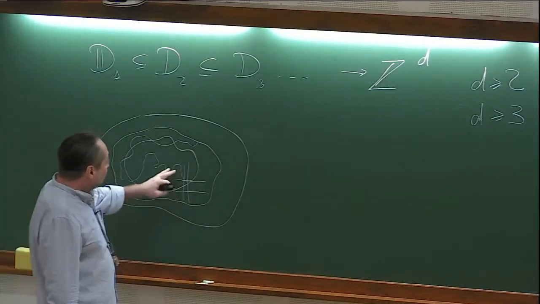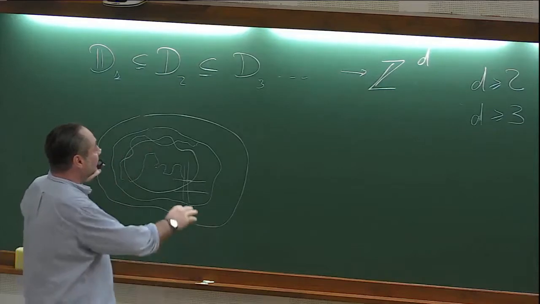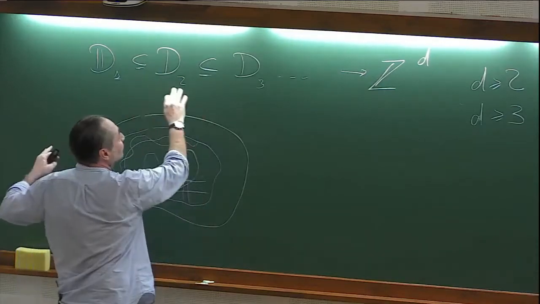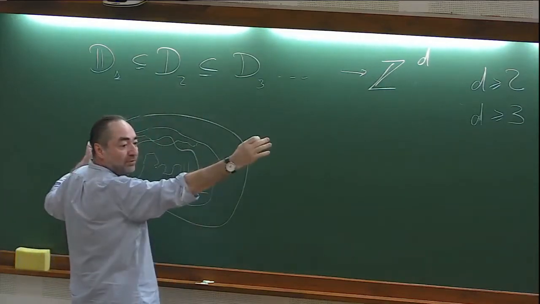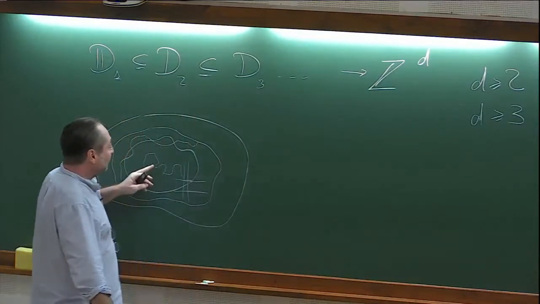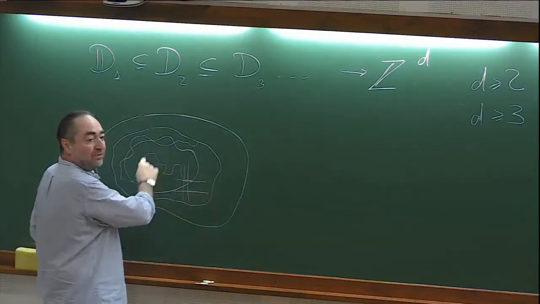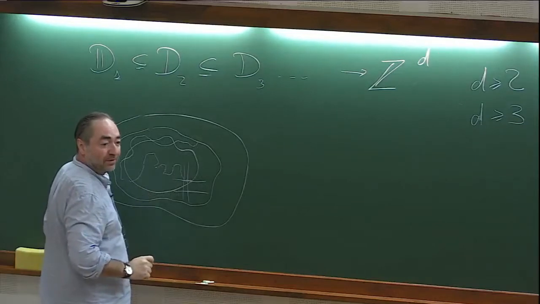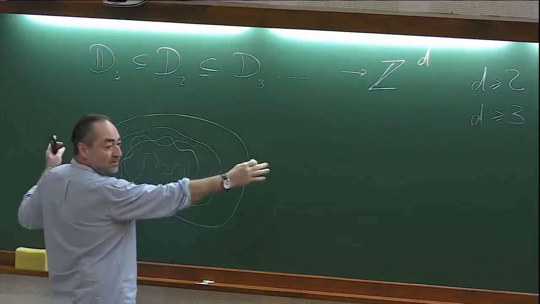Of course, it is intuitively clear that if these D1, D2, D3 are blowing up very fast, then the random walk essentially will not even feel that it is in prison. So it is running away.